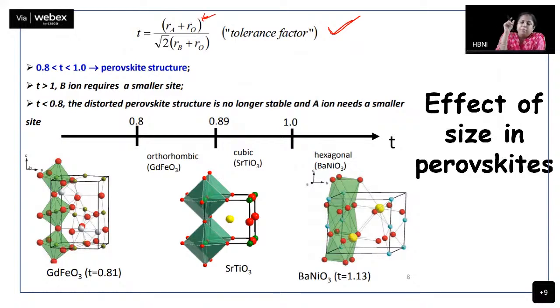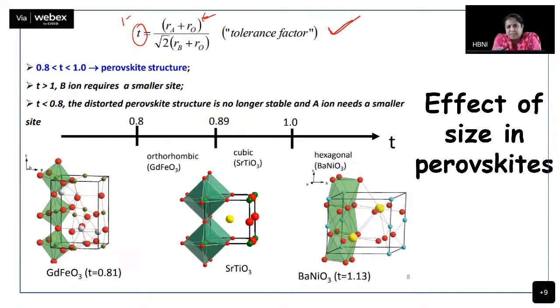Now, in this case, they say that if your RA plus RO, that is the radius of the A ion plus the radius of oxygen, is equal to root 2 times RB plus RO, that means it has to be 1.41 times larger than RB plus RO. In that case, your tolerance factor T is 1 and you will get a cubic perovskite. Now, what is a cubic perovskite?